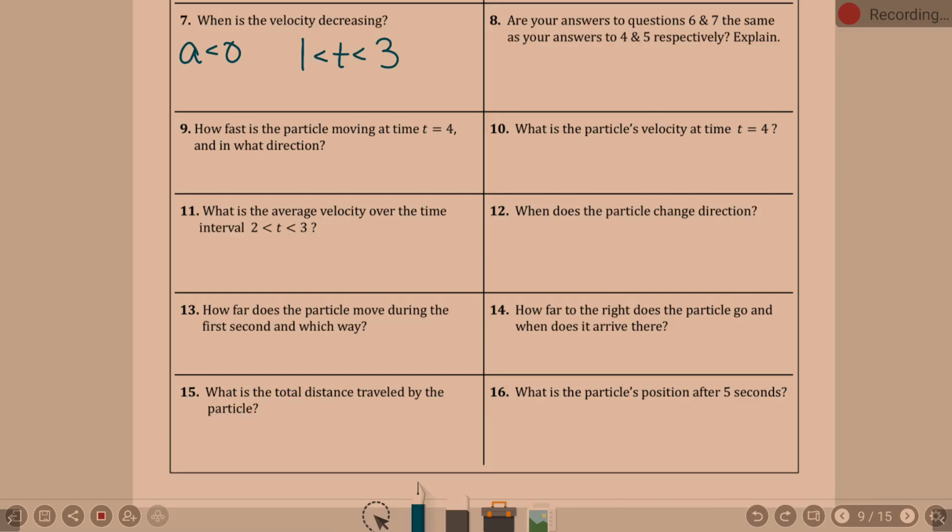Because from 3 to 5, acceleration is positive and velocity is increasing. That's probably where I was referring to it. There's not just going to be one way to explain this. There's going to be several ways you could explain that for sure.